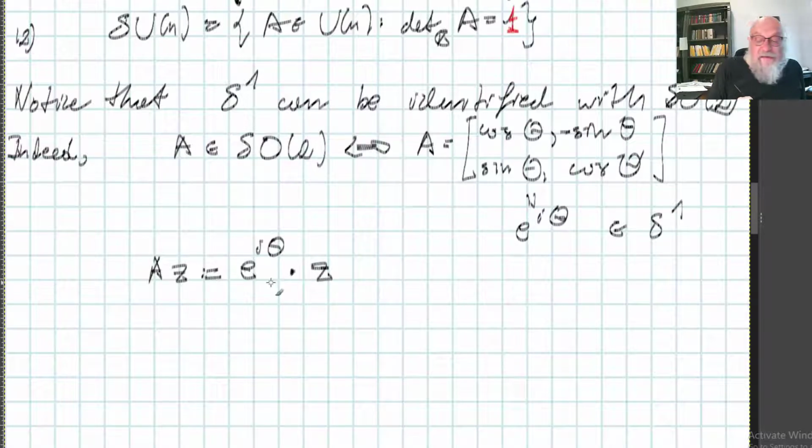That is how this identification is meant.